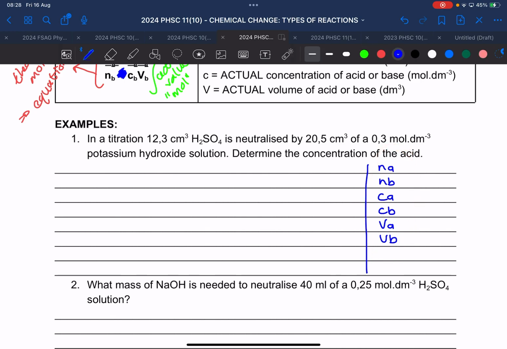The volume of the acid is? 12.3. Like she said, it is centimeters cubed, and we don't work in centimeters cubed, so times 10 to the power negative 3. Simple. Anything else?